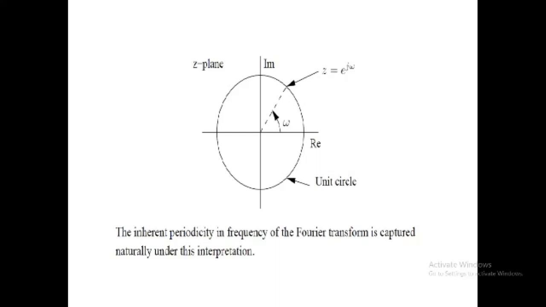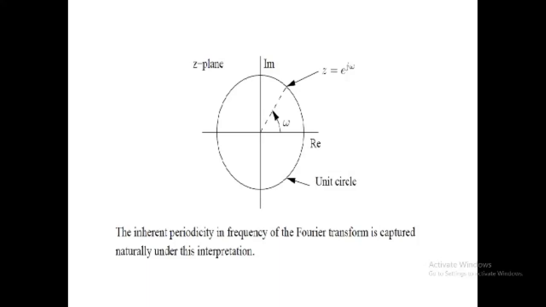The pole-zero plot and the region of convergence for this signal are shown in the figure. Since there are only a finite number of non-zero terms, and the sum converges when z to the power minus n is finite, there are no restrictions on the value of z, and the ROC is the entire Z plane with the exception of the origin.